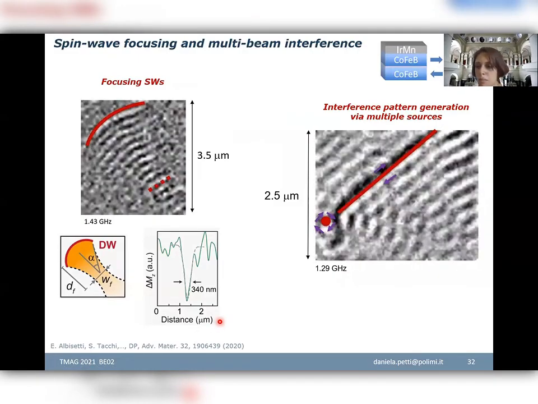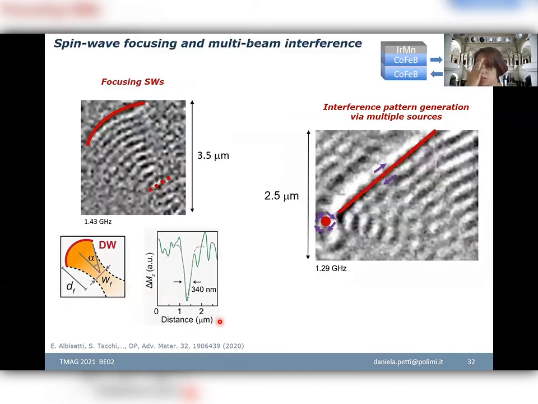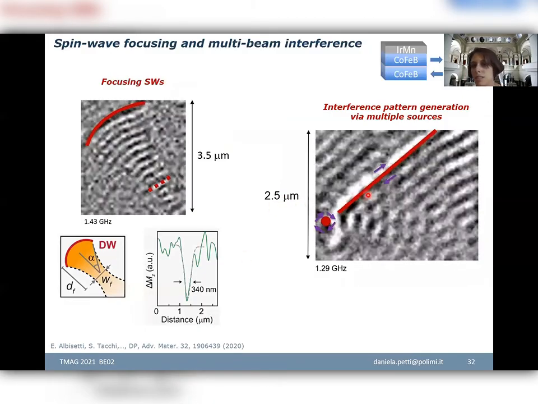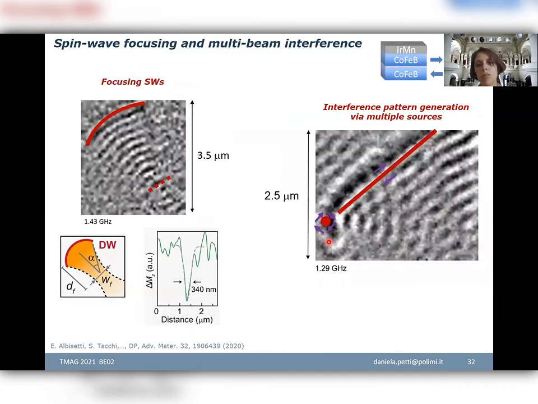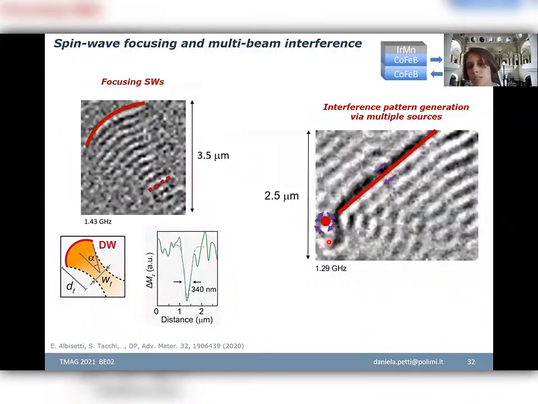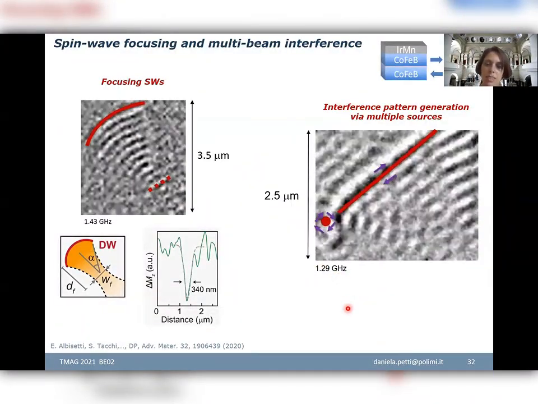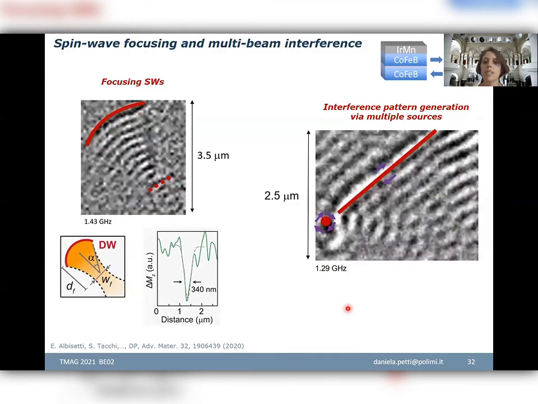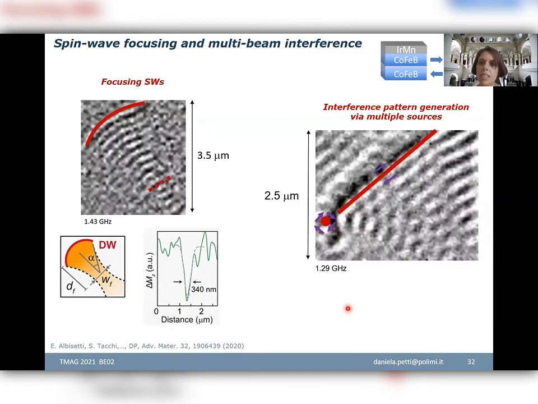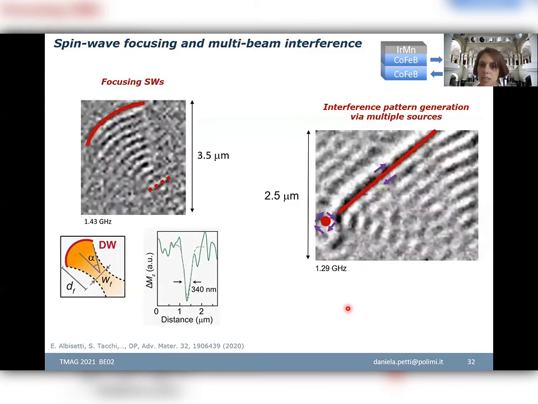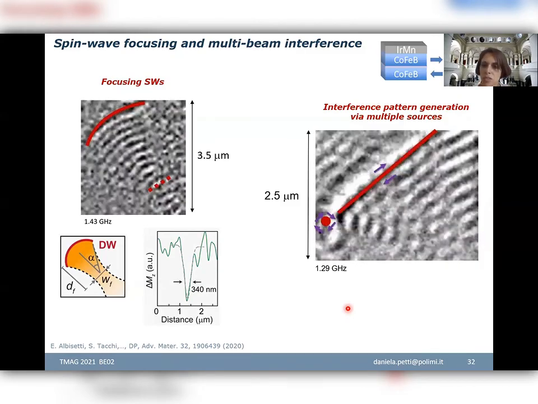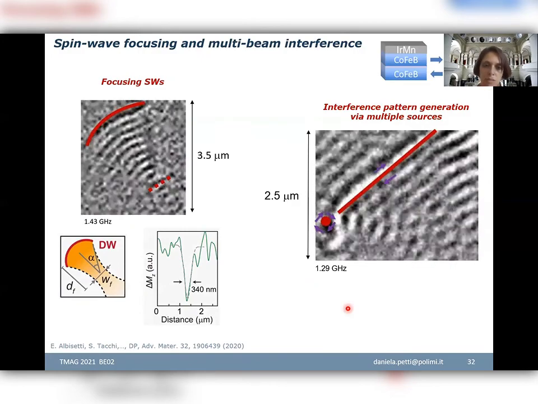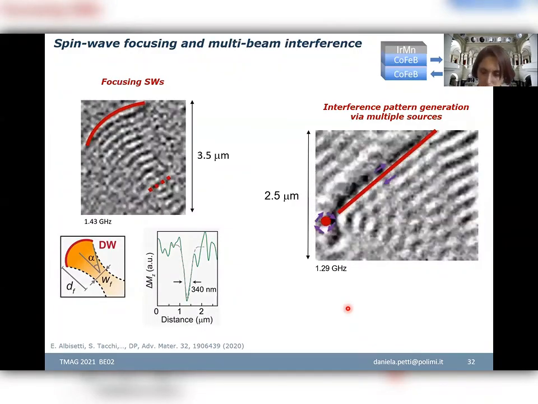And by patterning multiple sources, here we have a vortex at the domain wall, it's possible to create nice interference figures that are robust against defects, for instance. And this is due to the fact that the system is strongly non-reciprocal, above all at this frequency.